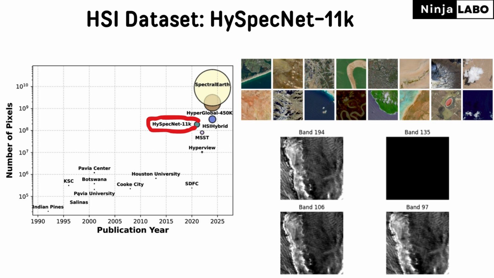This time we picked the HySpecNet-11k dataset, relatively new with pre-trained models. HySpecNet-11k is satellite Earth capture images with over 200 spectral bands. Some bands may contain useless data, as seen on the right bottom.